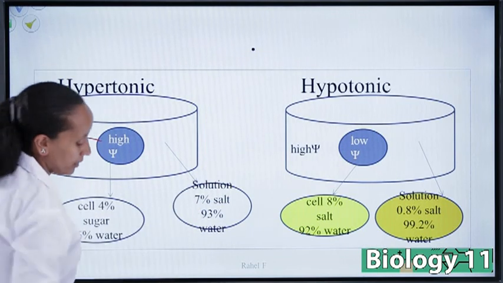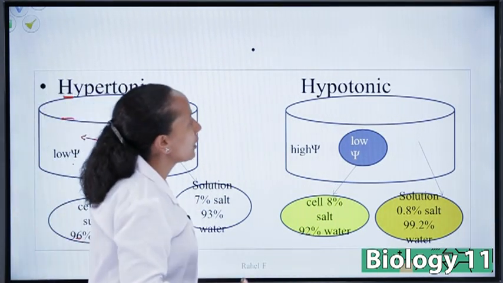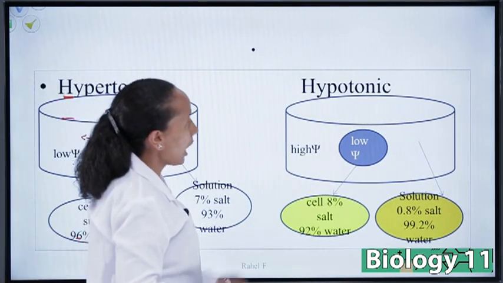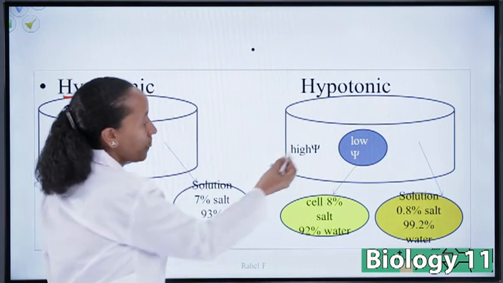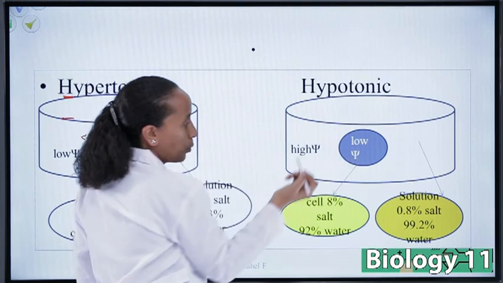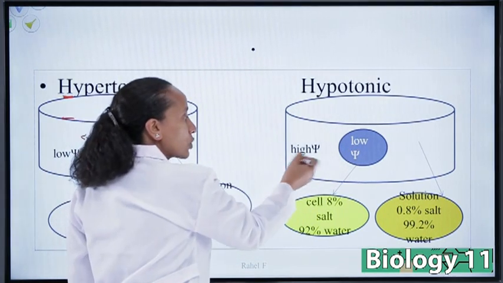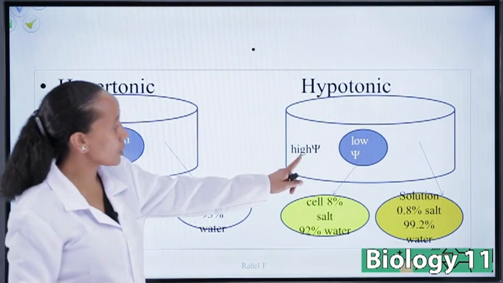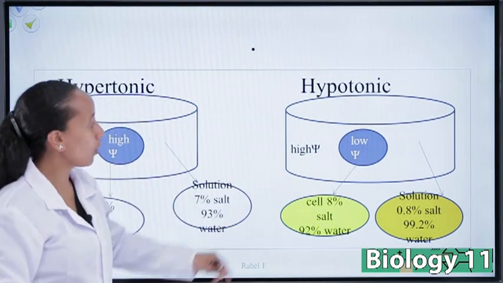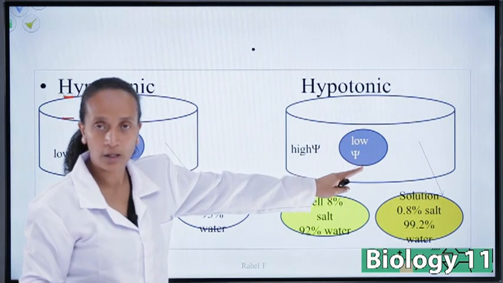And in the second case, in hypotonic solution, hypo means lower, and in this solution, what will happen? The cell has low water potential, but the solution has high water potential. In this condition, water moves from the solution into the cell.